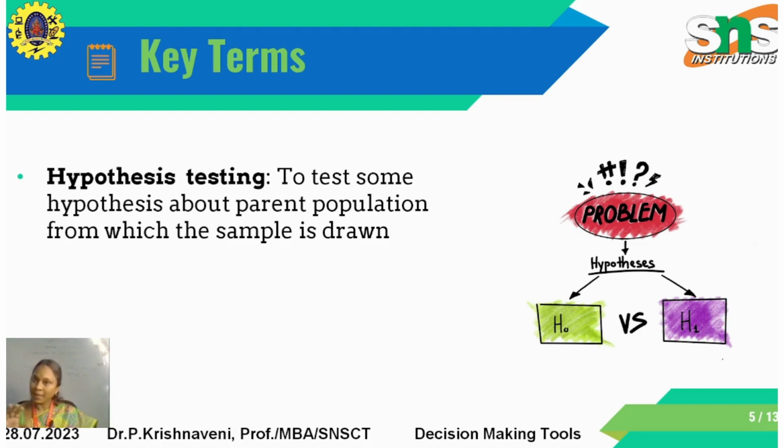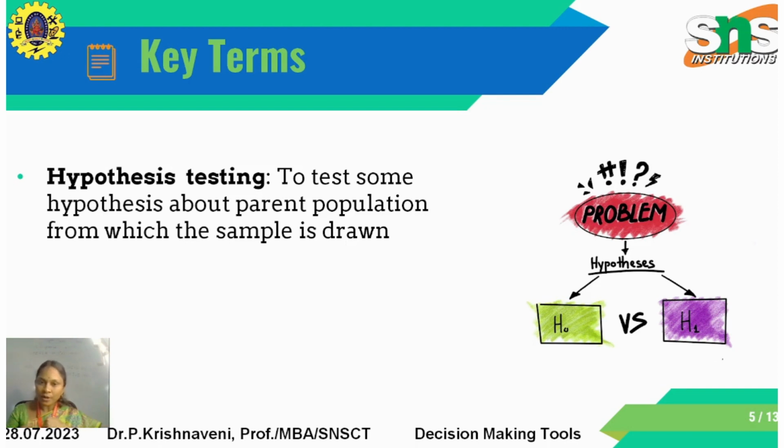One thing is, I am having COVID; the opposite is, I am not having COVID. Likewise, in research and in analytics, we have to formulate the hypothesis. That could be H0 or H1, the null hypothesis or the alternate hypothesis.